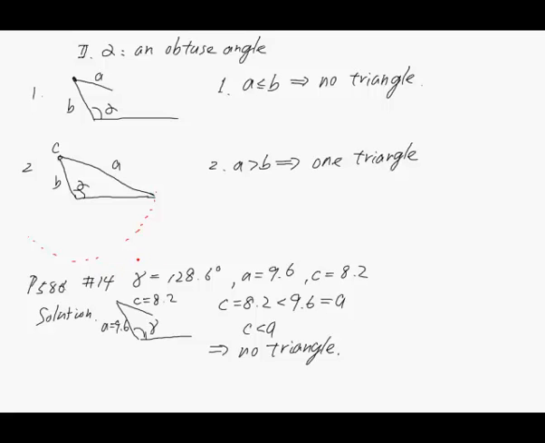So this is SSA with no triangle. Now we'll see another example with the case SSA with one triangle. Let's move to the next page.